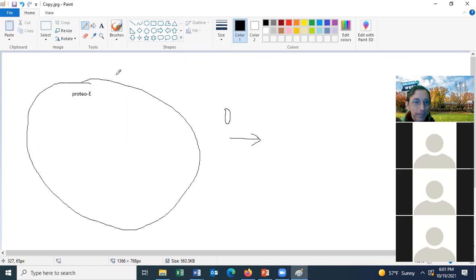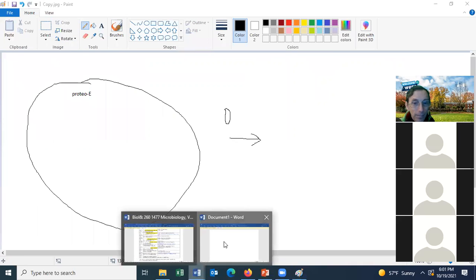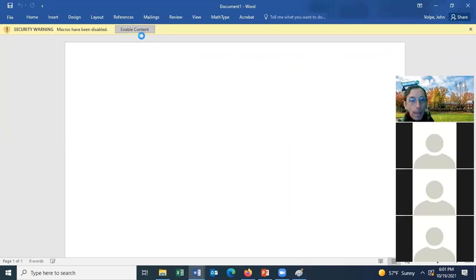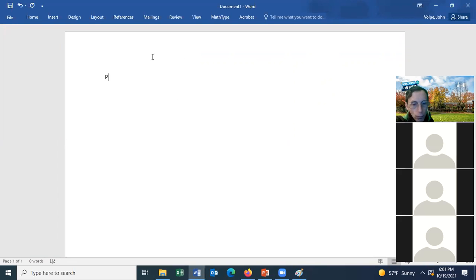We'll just say engulfed. But the proto-eukaryote did not consume the bacteria immediately.